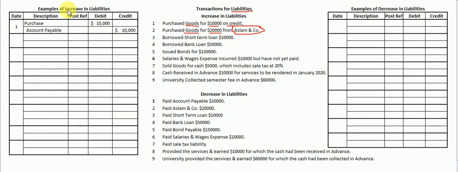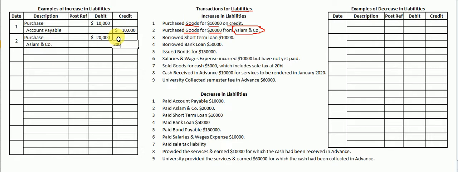So in this transaction, once again, you have purchased goods. In the periodic inventory system, you have to debit the purchase account, so purchase should be debited, and you have to credit what? From whom have you purchased? From Aslam & Co. Then you have to credit the Aslam & Co. account. How much? That is $20,000.